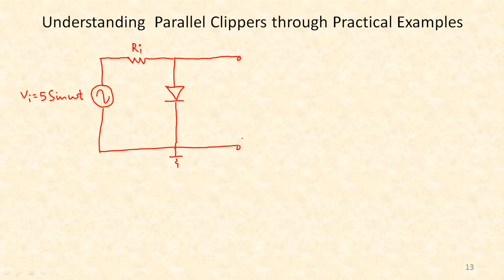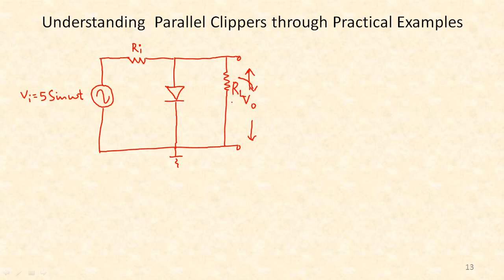Fine. So now the output is across the diode. Either it can be across the diode, or I can also place a load resistance here. Whenever I place a load resistance, it means there is some resistance associated with the output signal.